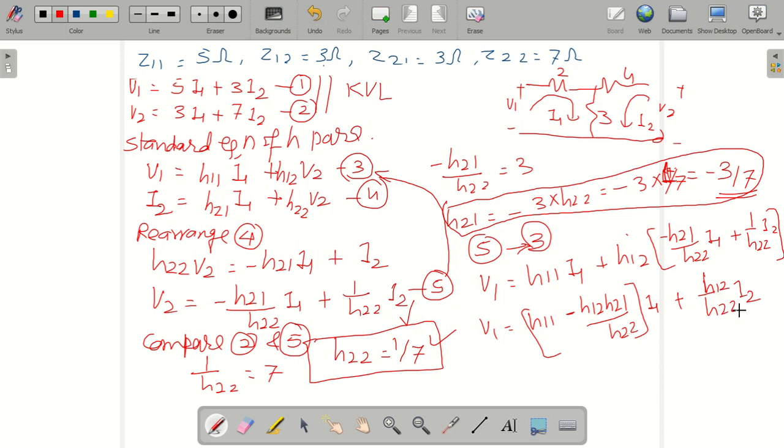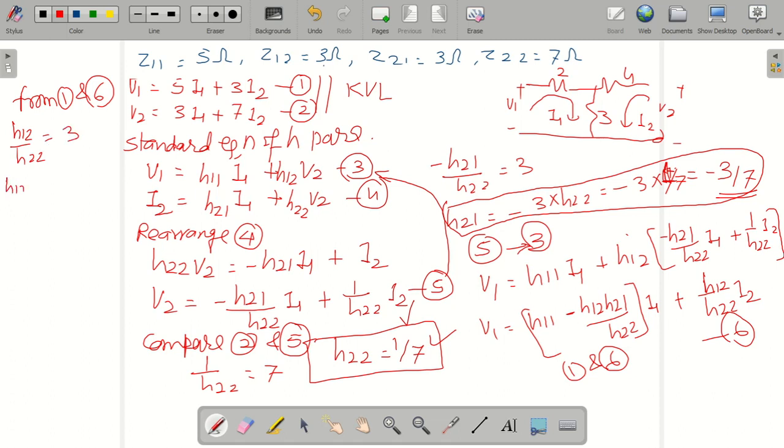So just here, this is equation number 6, correct? I got 6. So from 6 and 1, from 1 and 6, I am going to compare. Look, H12 upon H22 equal to what? 3.